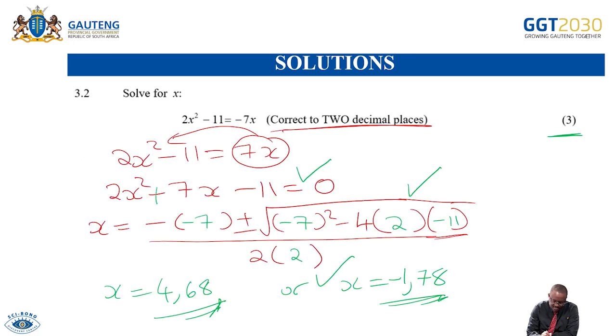Oh, plus. Okay, yeah. No, sorry. Why are they saying plus 7? Why is it saying 7 is positive? Oh, the question says negative. Yes. Thank you for that one. Let's fix it. Our 7 is positive. Let's fix it.